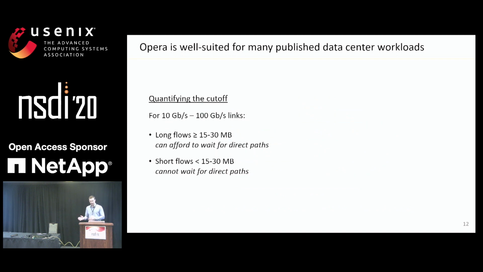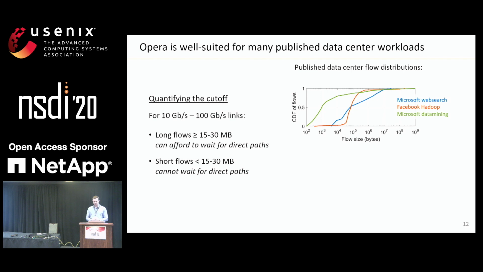I won't go into the details here; I'll refer you to the paper, but for 10 to 100 gigabit per second links, this cutoff lands at about 15 to 30 megabytes. Flows that are longer than this can afford to wait for these direct paths, but flows that are shorter than this would have their flow completion time inflated significantly if they waited for the direct paths. So those flows have to take the multi-hop paths.